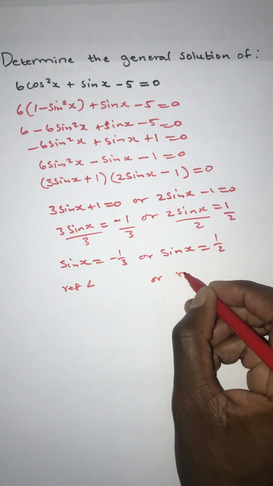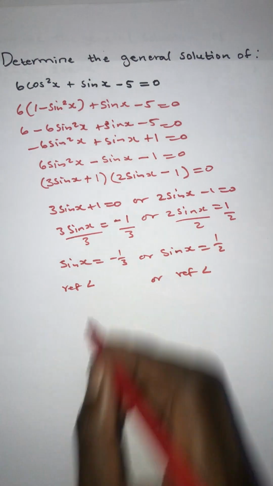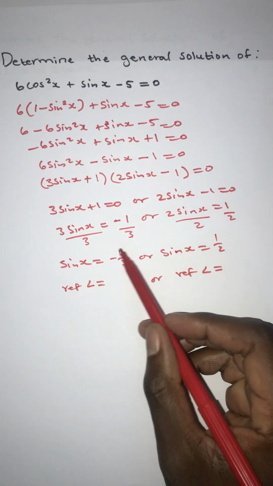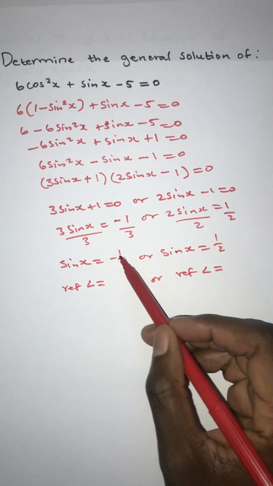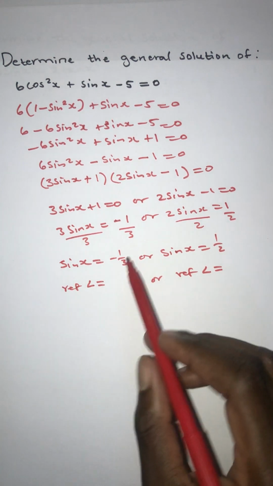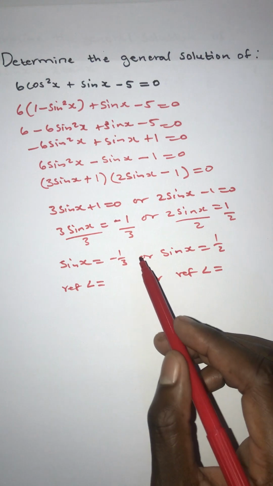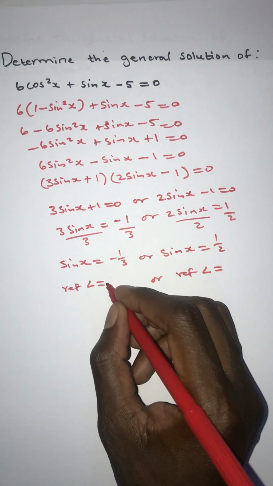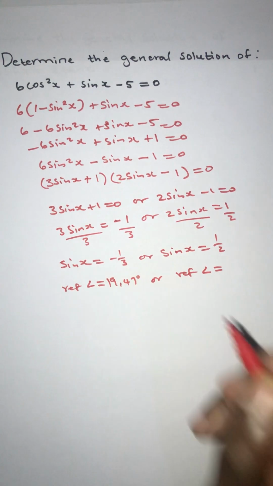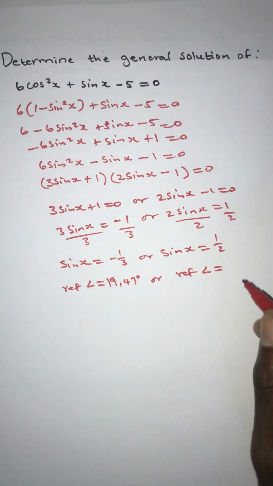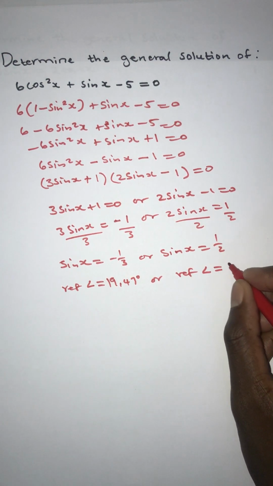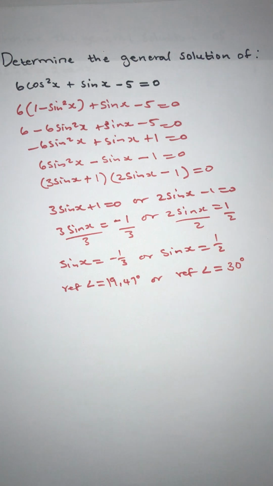When you punch the calculator, ignore the negative. So we're going to say shift sine, then 1 over 3. That's going to give us 19.47. And same this side, shift sine of 1/2 is going to give us 30 degrees.